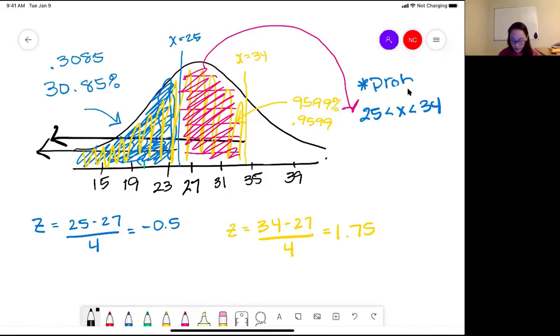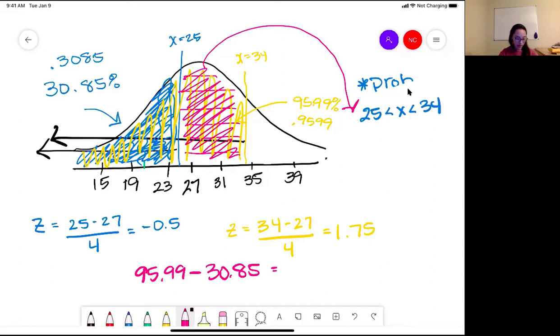So by subtracting, we should get our pink area. So if we do 95.99 minus 30.85, and you can do this in terms of just decimal values as well, either way works, that should tell us what percentage of values is within that pink shaded area.